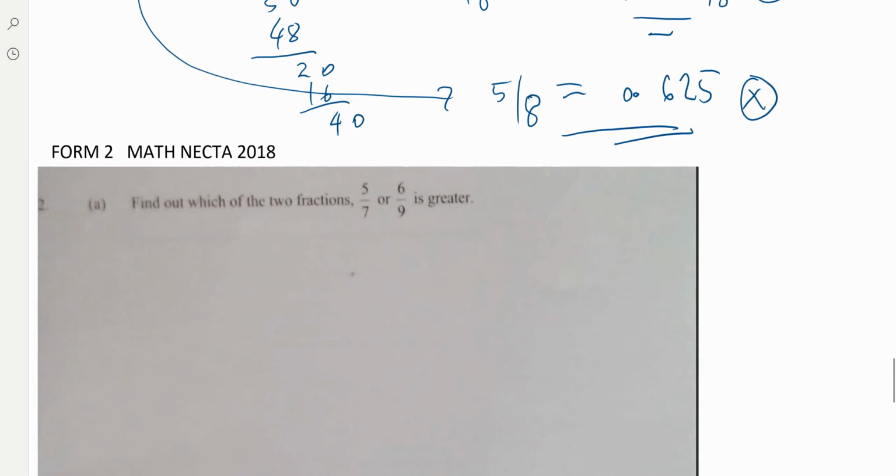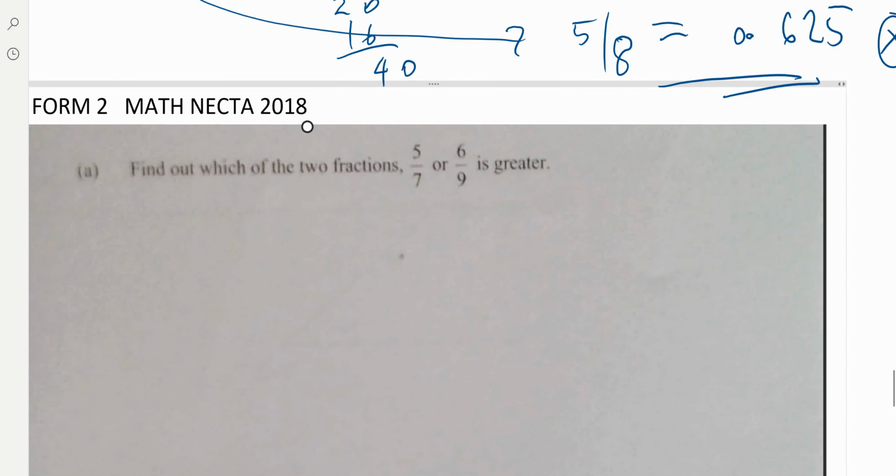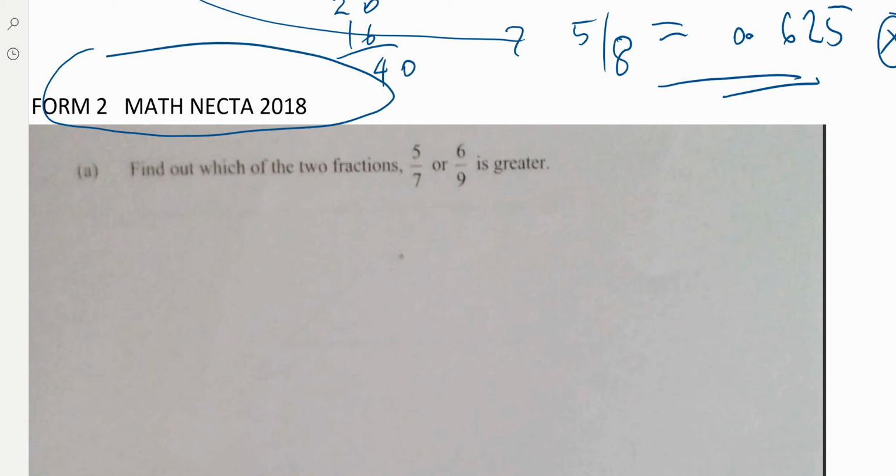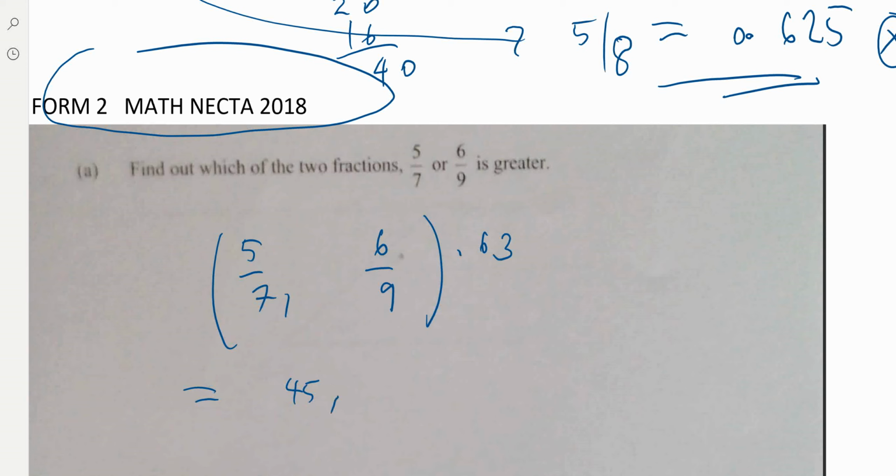We're going to continue now with the last part, and this is Necta 2018 question number 2. Find out which of the two fractions, 5/7 or 6/9, is greater. So what we do, we take 5/7 and 6/9, you multiply with the LCM, which is 63, and when you multiply, you have 5 times 9, it is 45. You have 6 times 7, it is 42.